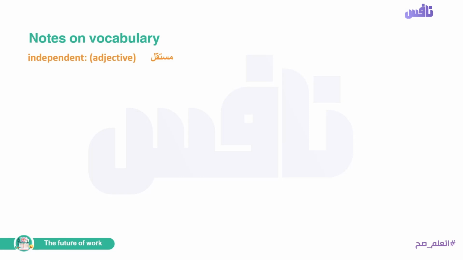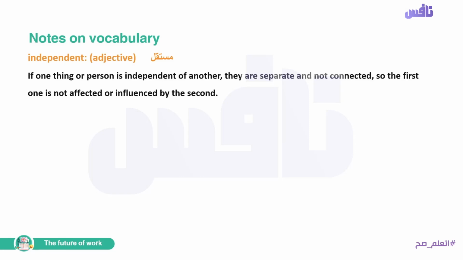Independent is an adjective بمعنى مستقل. يقول لنا if one thing or person is independent of another they are separate and not connected. يعني لو شيء أو شخص قلت عليه إن هو independent of another ده معناه إن they are separate هما منفصلين ما لهمش علاقة ببعض and not connected.